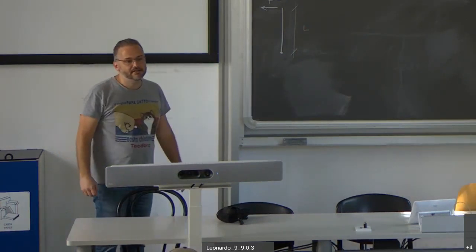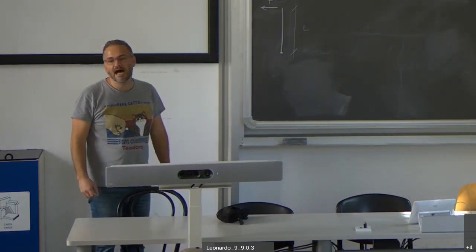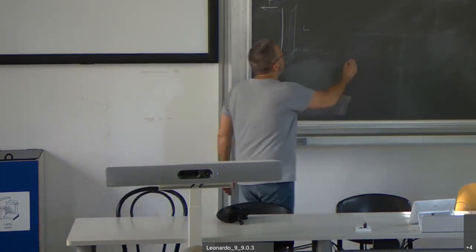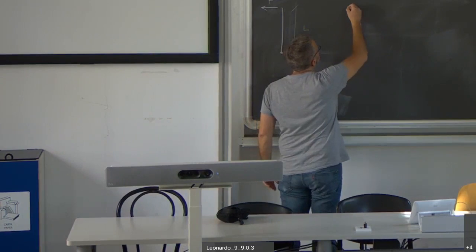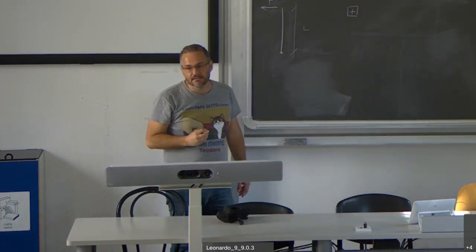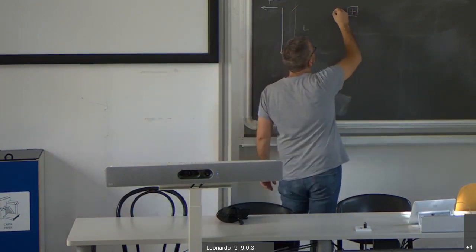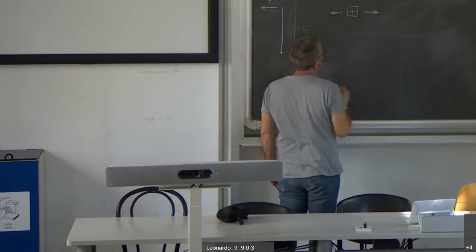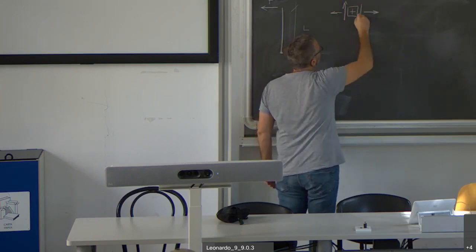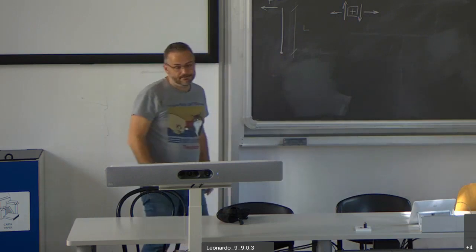How do I mark the internal forces here? Now it's time to fix a convention. The convention I like is tension for the axial force, clockwise for the shear force.